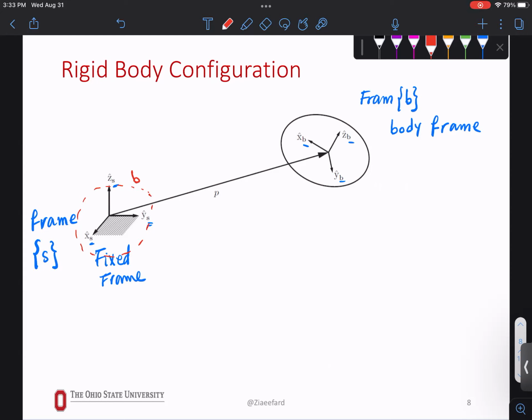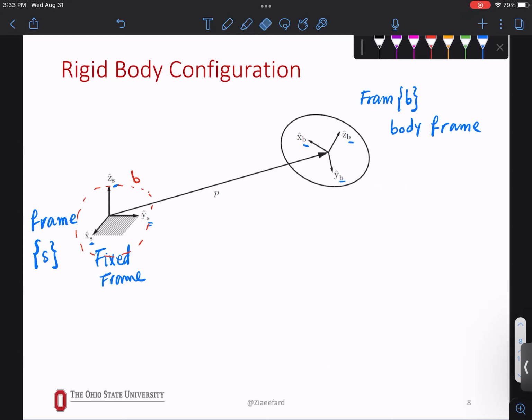P, right? So all we care about is the center or origin of that reference frame and the origin of this reference frame. So we put our reference frame at the origin. So we are measuring how far that origin translated. So P vector. Now we know P is the translation.